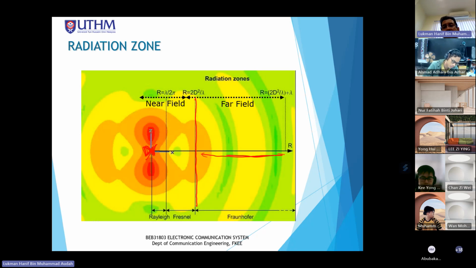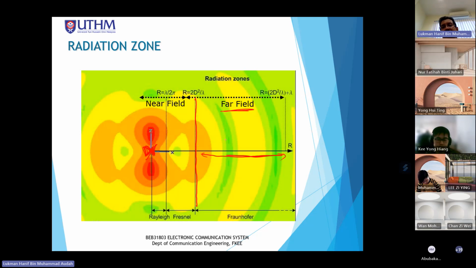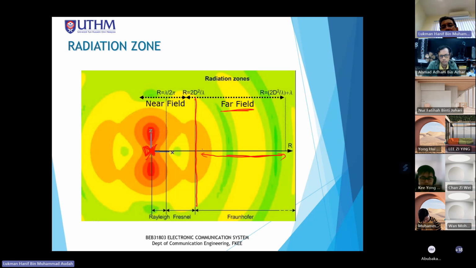This is what we call the far field region. So the wave that already reached the far field region will go straight and never return back to the antenna.